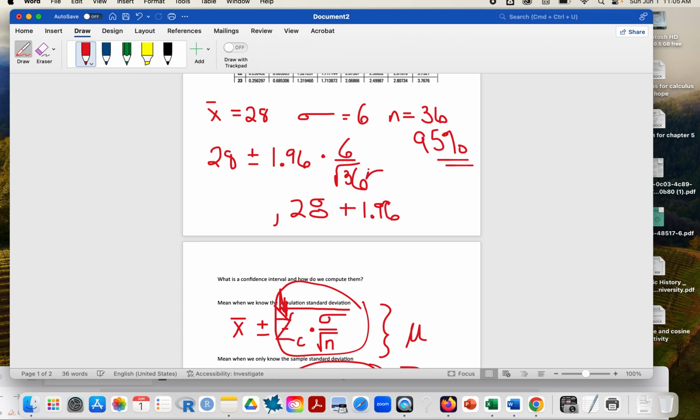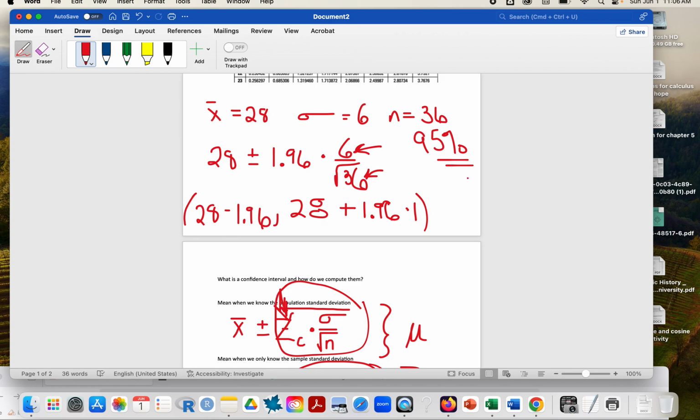Now, the square root of 36 is 6, and so 6 divided by 6 is 1, and so we're really multiplying here by 1, so we just have 28 plus 1.96. And then the left side is 28 minus 1.96. And that's our confidence interval.